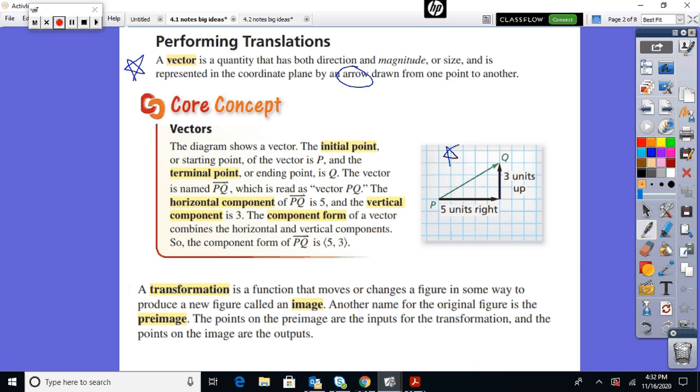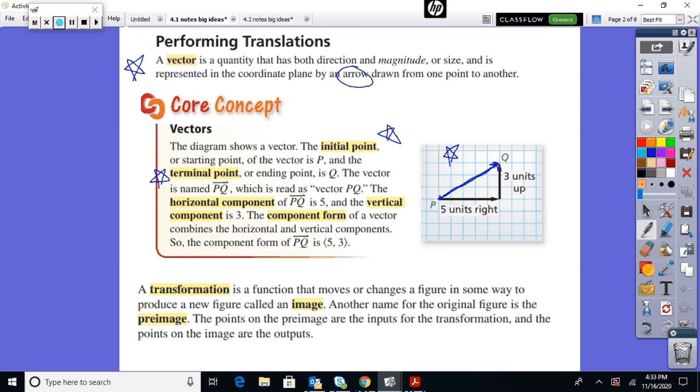Here's an example of a vector, P to Q. And this vector goes 5 units to the right and 3 units up. You can always tell the initial point is the point that doesn't have the arrow on it. Initial starting point, of course. The terminal is where it terminates or ends, and that's where the arrow is. So this vector starts at point P and goes to point Q.